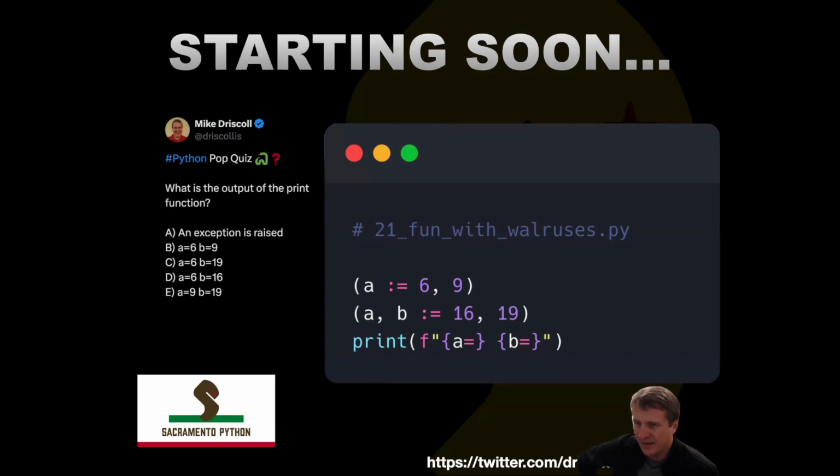So we've got a funny looking set of instructions here in parens, a walrus operator, 6 comma 9. First and foremost, the walrus operator is an assignment value in an evaluation, I believe.